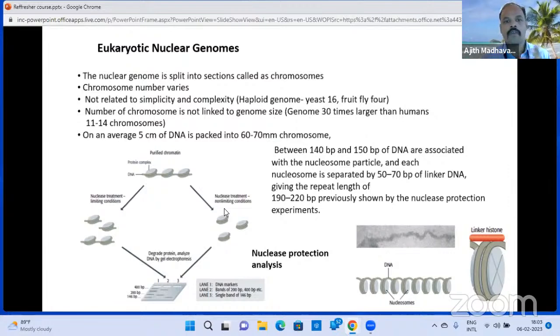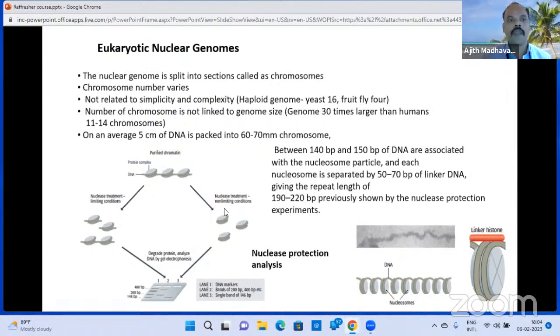Before going into the packaging of DNA molecule, what we need to understand is, if you take a eukaryotic cell, for example, which is really small, around 5 to 100 micrometer in size, within which you have a spool of DNA, which is the blueprint of the cell.